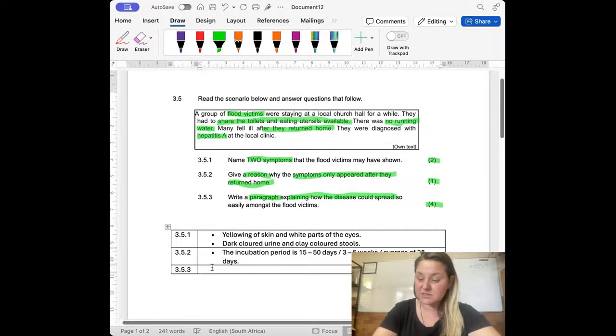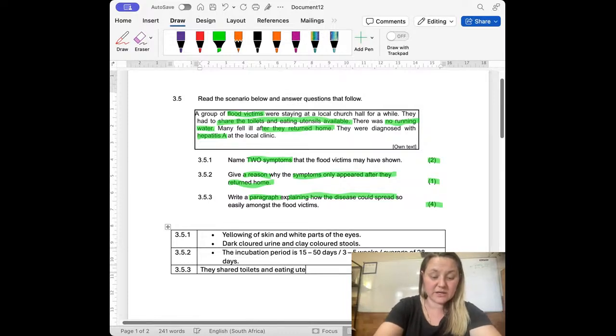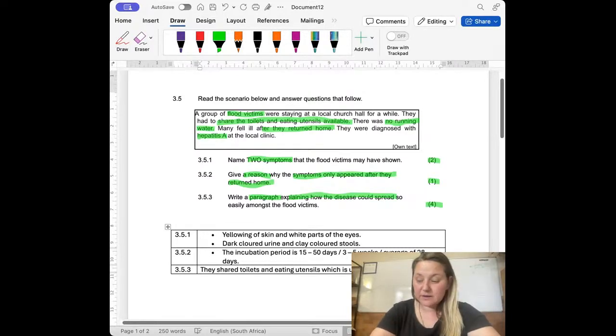So my first answer is going to be, they shared toilets and eating utensils, which is unhygienic. Did I spell that correctly? Not inhygienic, unhygienic. Which is unhygienic. We also see there that there was no running water. Many fell ill after they returned home.